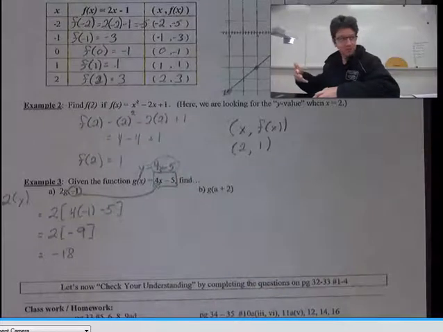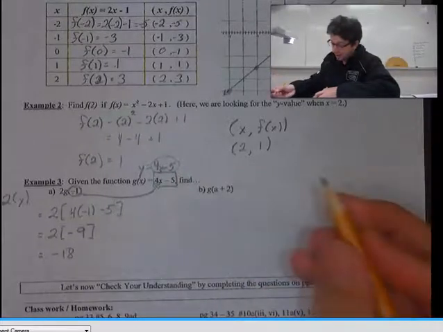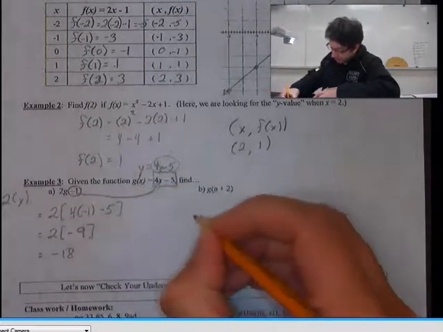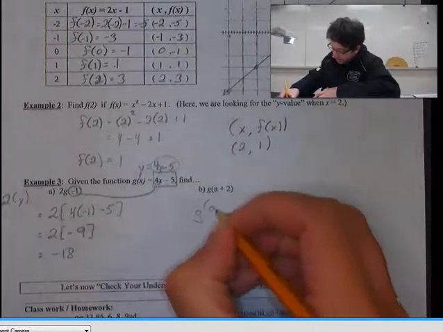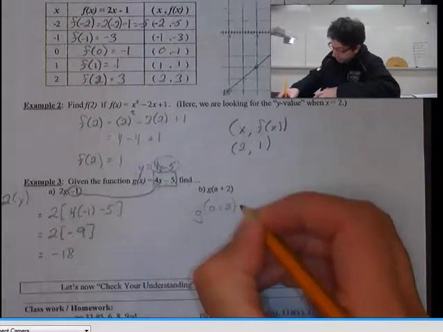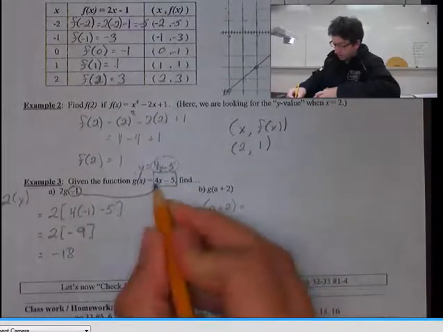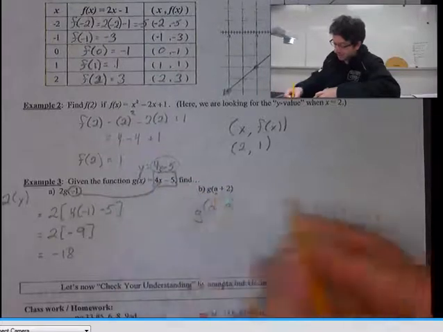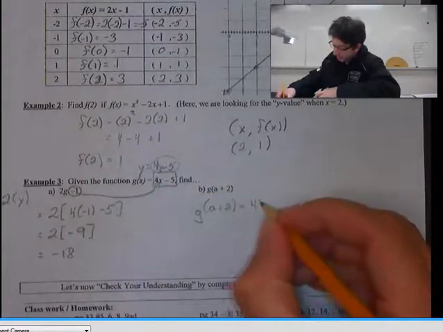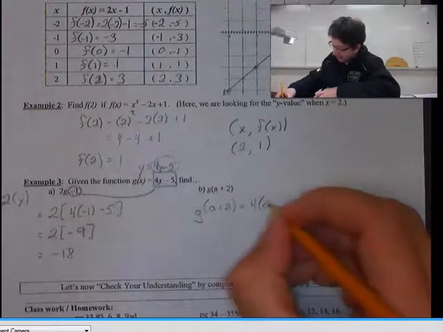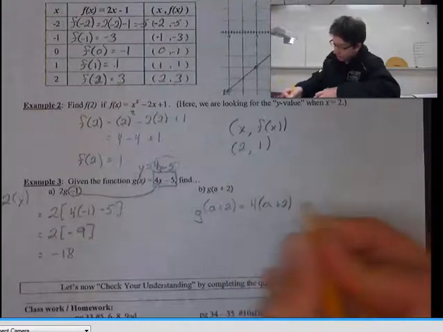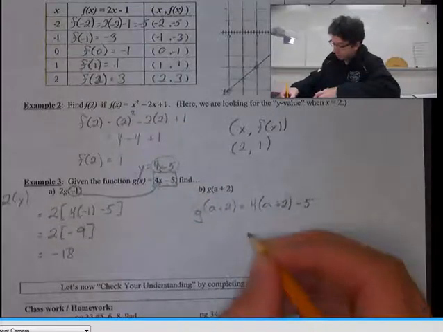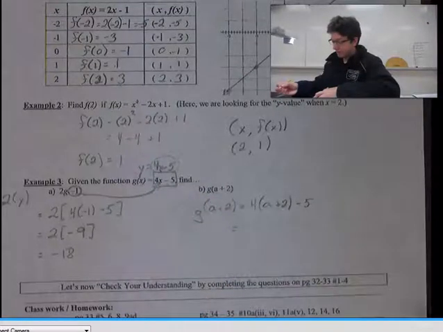So in this case, g at a plus 2 is going to equal, here's g of x, but we're going to replace x with a plus 2. So here we have a 4, and instead of writing x, I'm going to write a plus 2. And then I have this minus 5 here. Now all we need to do is expand and simplify.